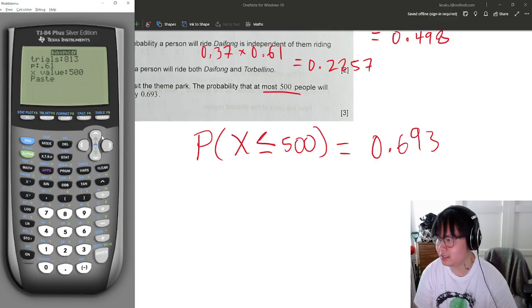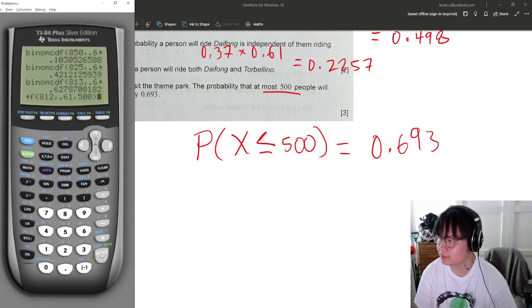Okay, 813, I need to go a little bit lower. 812, probably? Nope. This is such a waste of time.